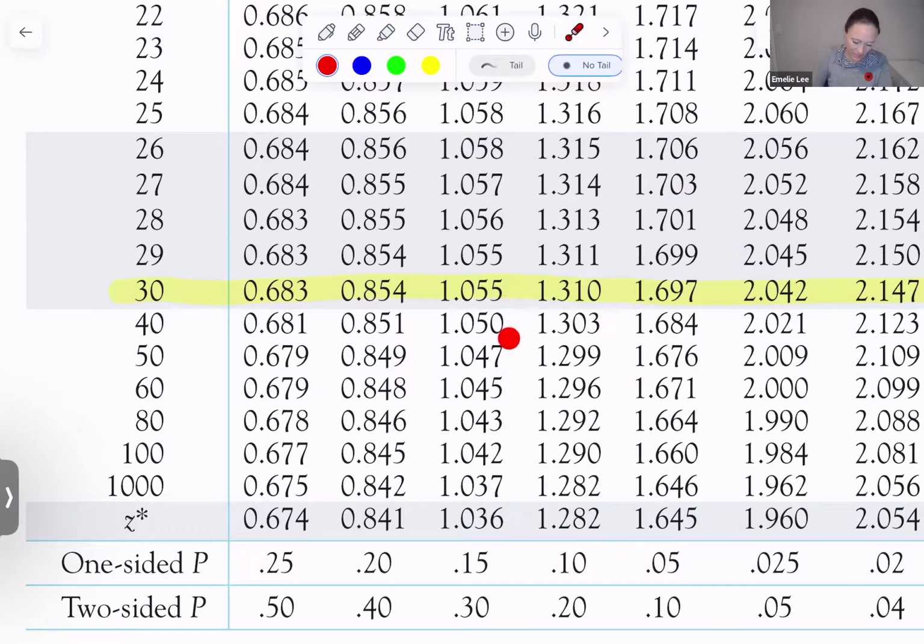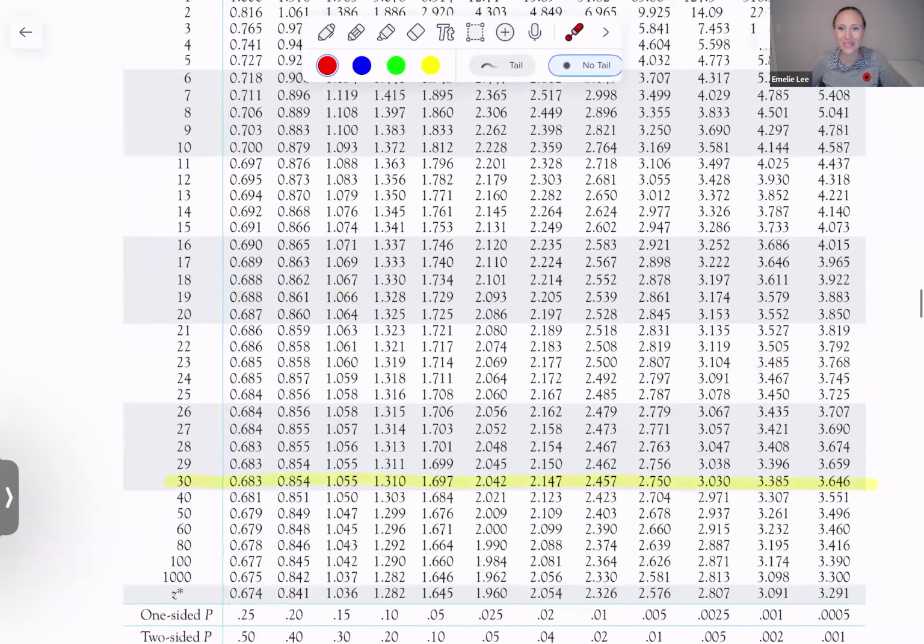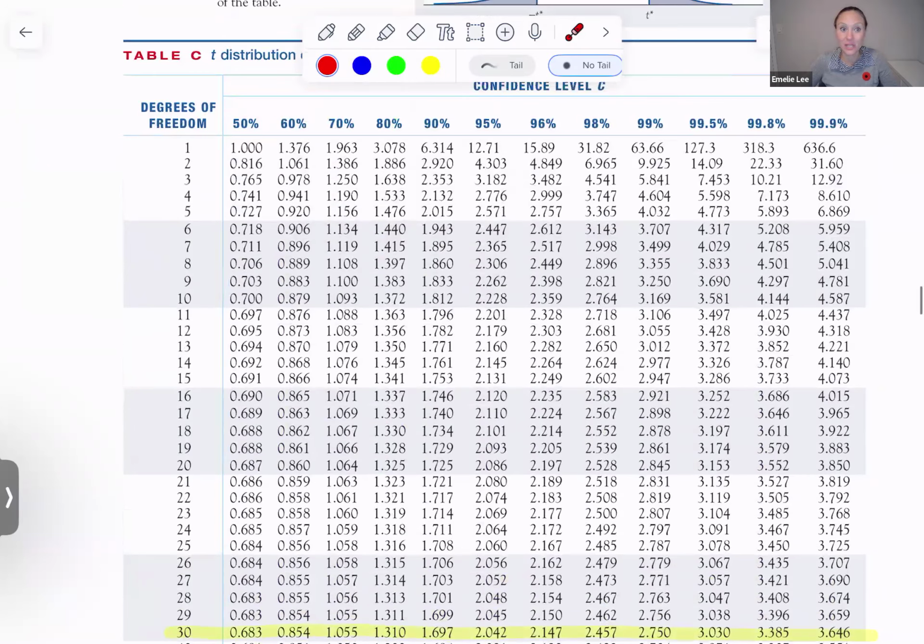In fact, if you read down the line, what's happening? It's getting a little bit tighter onto the Z. And that's because the Z has the tightest tails. So now we know what this entire table looks like.